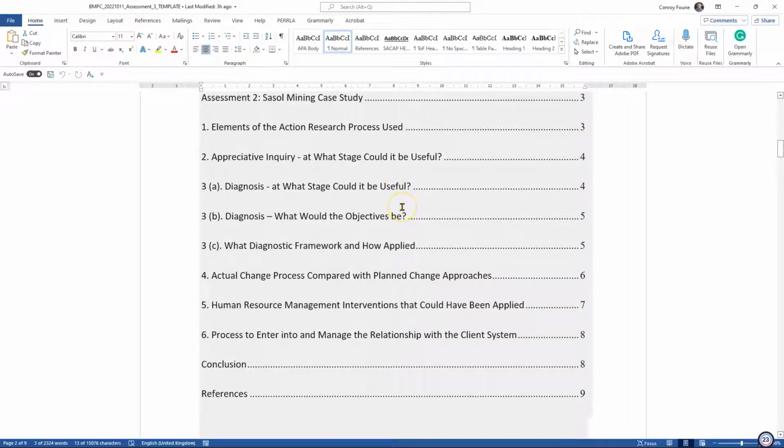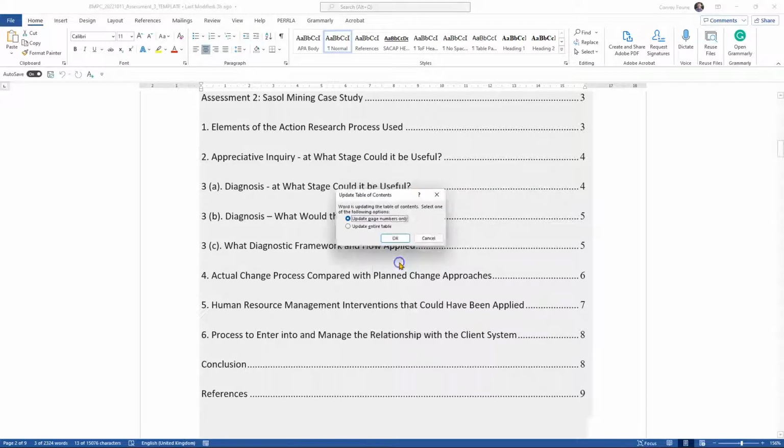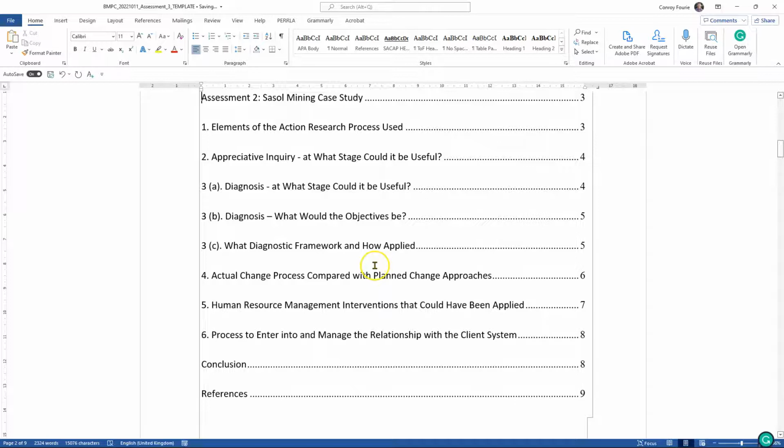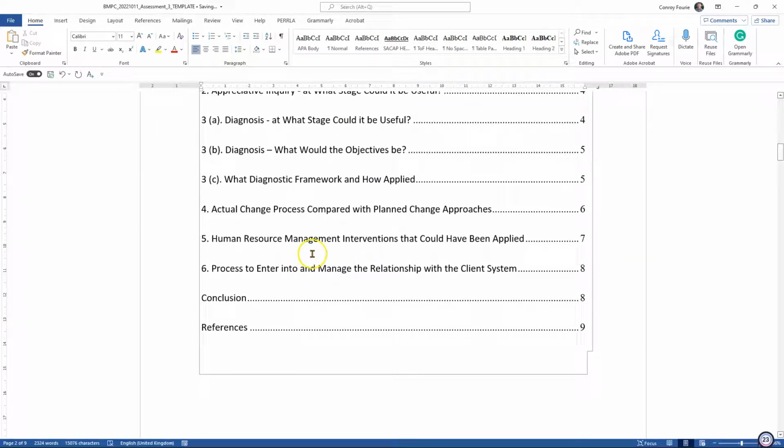So you would write your assessment, and every now and then you may want to see what your table of contents looks like, and you would then update the field, and you would say update entire table. Those are the headings that I put in there to guide you, which basically just follows the questions from 1 to 6 in the module outline.